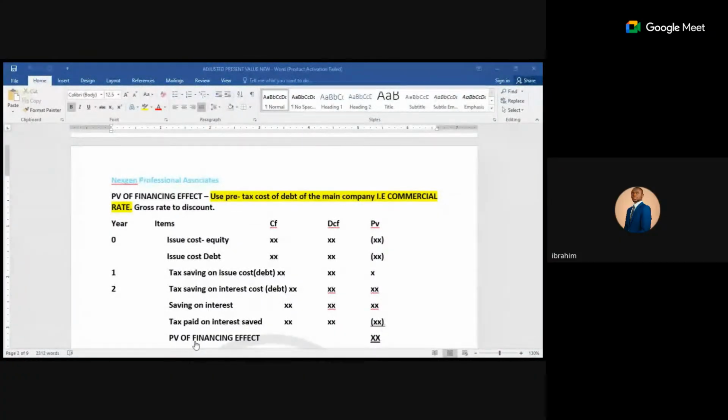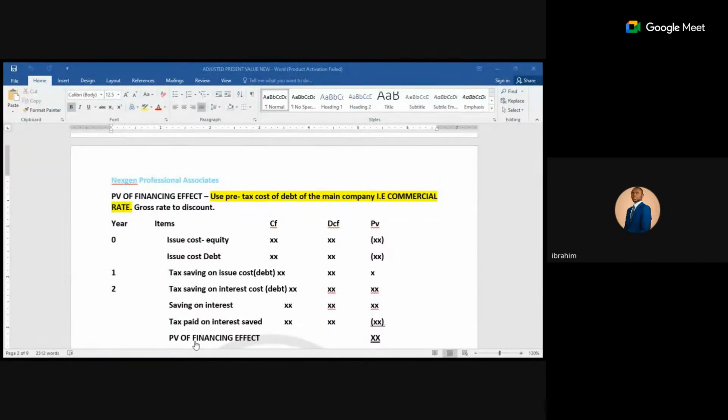Then tax savings on interest costs. What is tax savings on interest costs? Class, you want to use equity, which is a rights issue, to finance a project, then you want to use debt. Under the debt, you have the subsidized loan or cheap loan and the commercial rate.